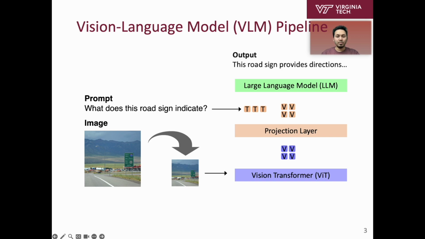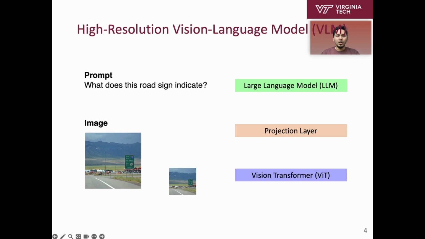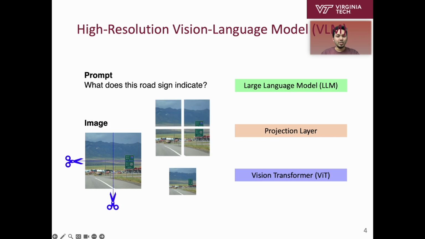In this downsampling process of VLMs, the visual details of the input image can be lost, which may impact the model's accuracy. To address the problem of losing visual details, many high-resolution VLMs crop the input image into multiple partitions, in addition to downsampling the entire image.